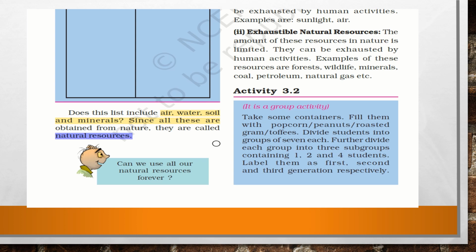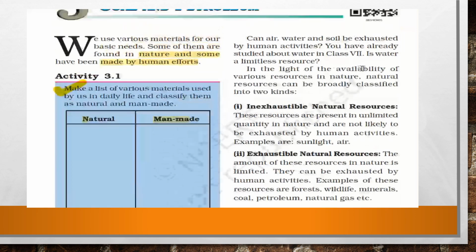Let us see what the types of natural resources are. Can air, water, soil and other things be exhausted by human activities? You have already studied in class 7 whether water is a limitless resource. In many places during summer there is huge scarcity of water, because the ground water level is going down.